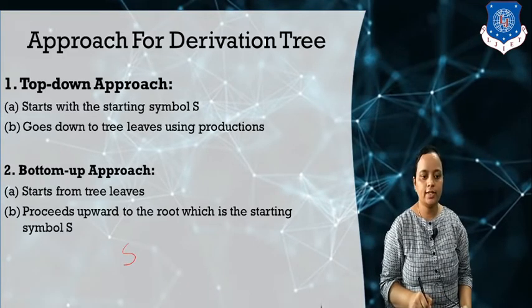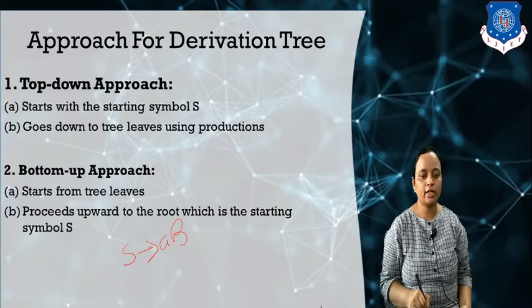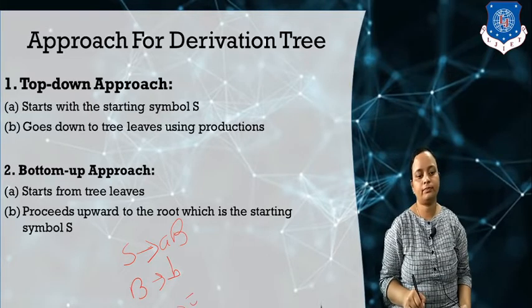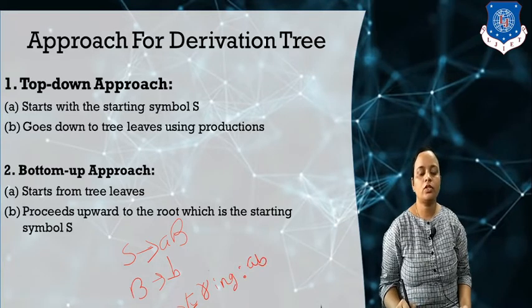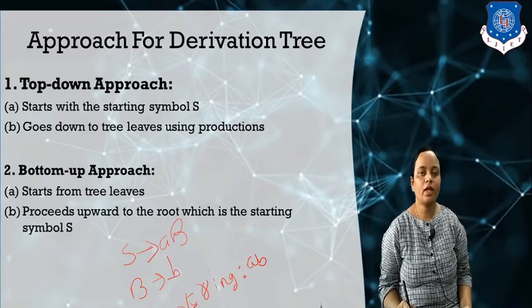I have taken one simple example so you can get a clear idea. My string for this grammar is ab, derived from small a, capital B, and B derives small b.